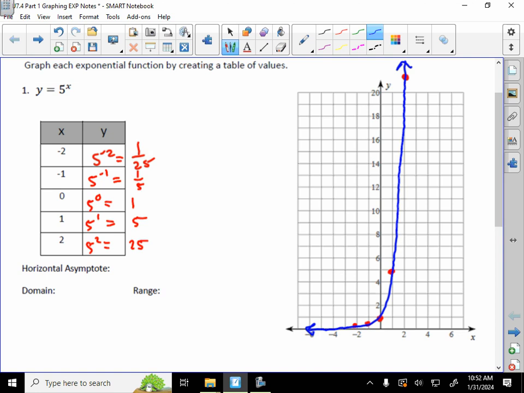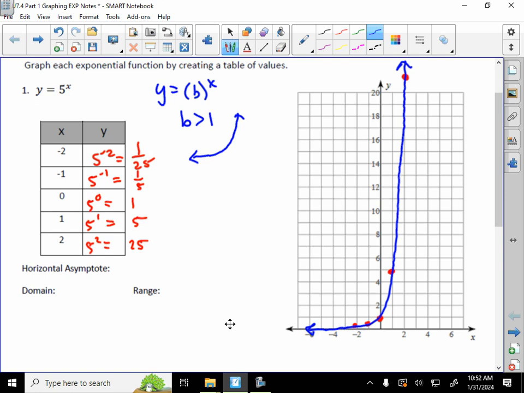All right, so an exponential graph has the parent function y equals b to the x power. And if b is greater than 1, then the shape of the graph will look like this.